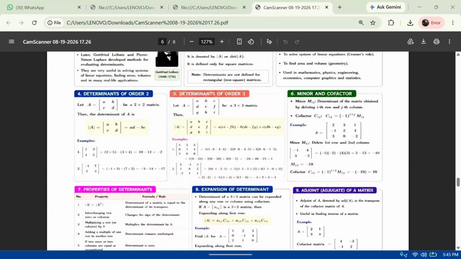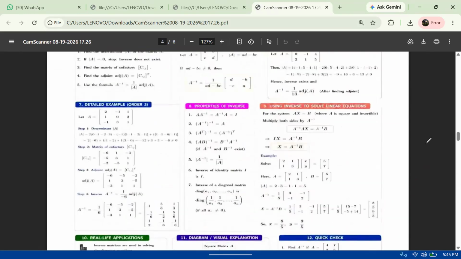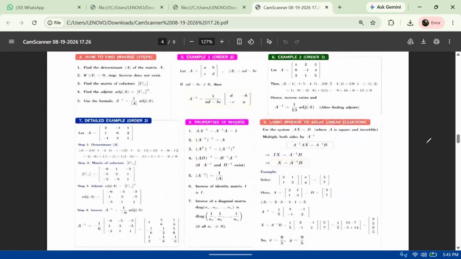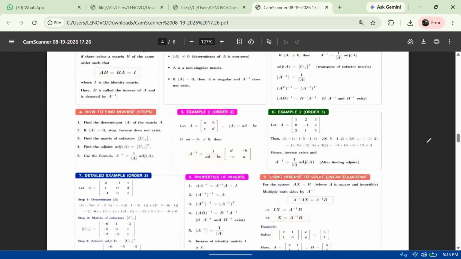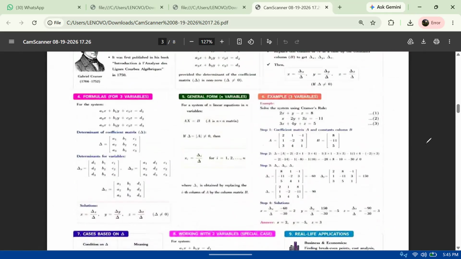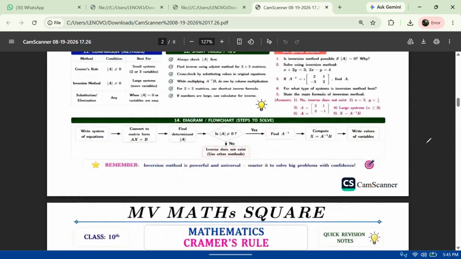Okay, now I am going towards the next topic, which is the A inverse. What is the A inverse and how can you find the A inverse? Okay, I will teach you A inverse when it is needed. So in this video, I have taught you what is a square matrix, a matrix in which the number of rows and columns are equal, and a rectangular matrix, a matrix in which the rows and columns are not equal.